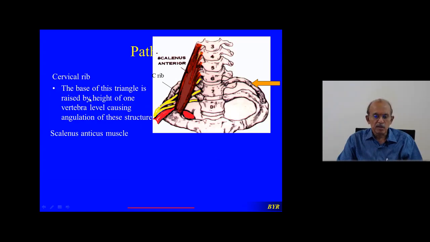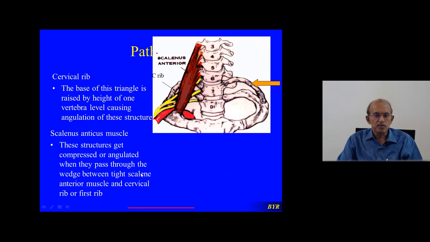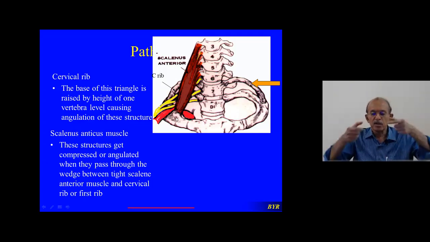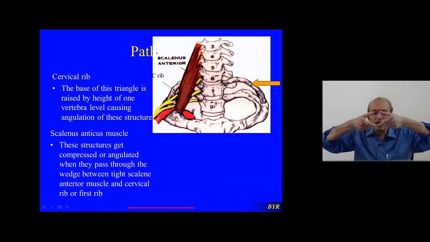If a cervical rib is not there, then the scalenus anticus muscle may be responsible. These structures get compressed or angulated when they pass through the wedge between the tight scalenus anterior muscle and the cervical rib or first rib. The first rib is not horizontal. It is sloped downwards anteriorly.